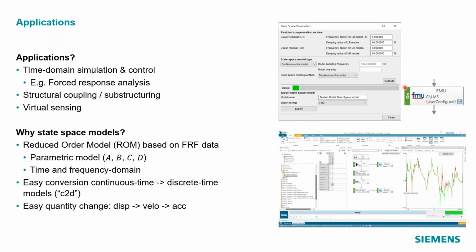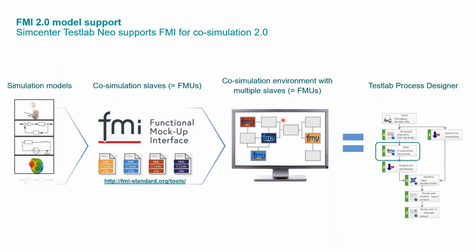In the software, I will first do the generation of a state space model. I will export it to an FMU, and then I will load the FMU in Testlab and do some time domain simulations to illustrate what we can do with these models. If you're interested to know more about this FMU, it's not a Siemens invention, it's a standard that people use to exchange models.